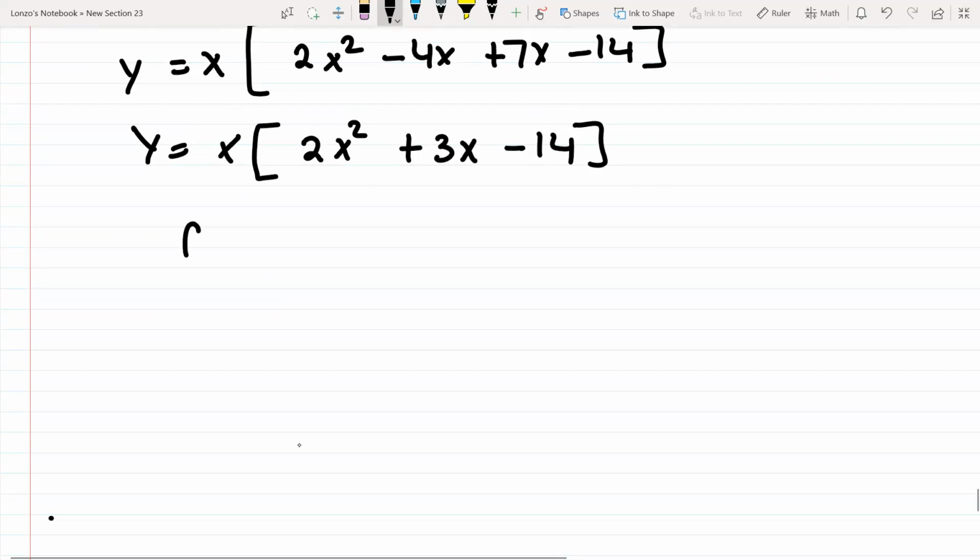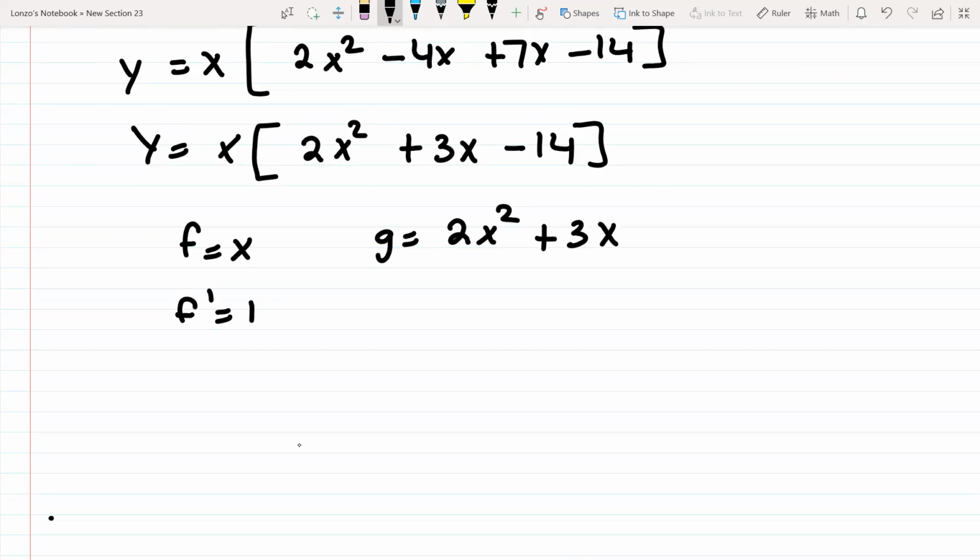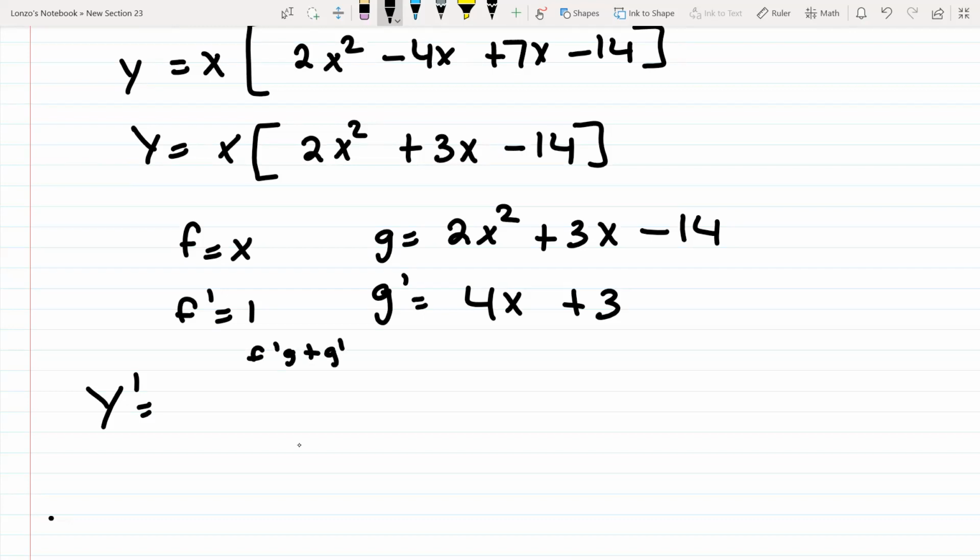And just now apply the product rule. So if f is x, f prime would be 1. If g is this, g prime would be 4x plus 3. Okay, so y prime is going to be, when you apply the product rule, f prime of g plus g prime of f.